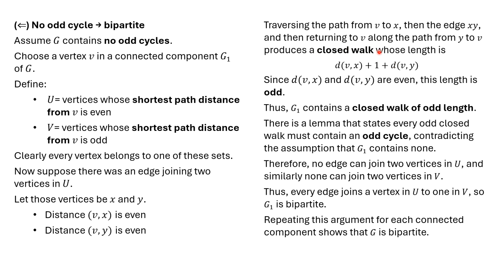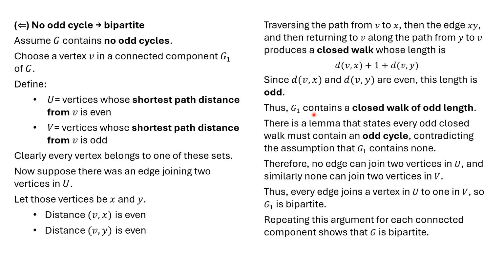So anyway, this closed walk has length the distance from v to x plus 1, in other words, this one edge, plus the distance from v to y. And since the distance from v to x and the distance from v to y are even, and we added a 1 to it, we get an odd number.